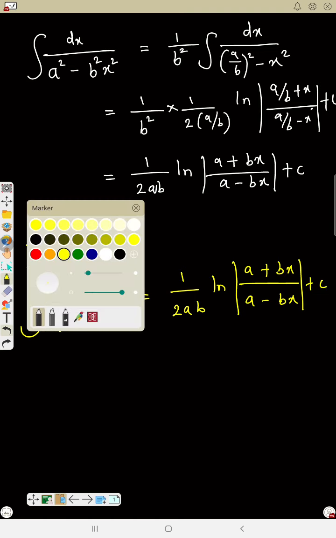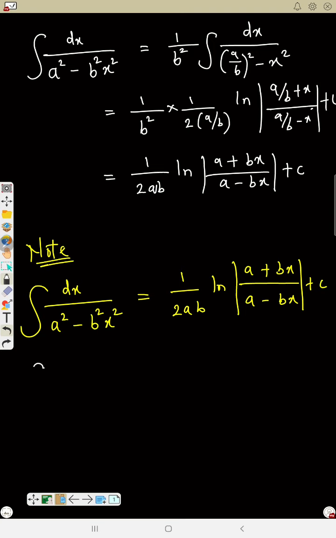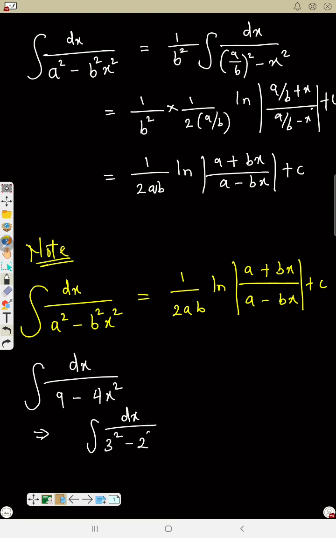So if we relate this with our question, this will be the integral of ds over 9 minus 4s squared. Remember, this is the same thing as the integral of ds divided by 3 squared minus 2 squared s squared, in which a is 3 and b is 2.